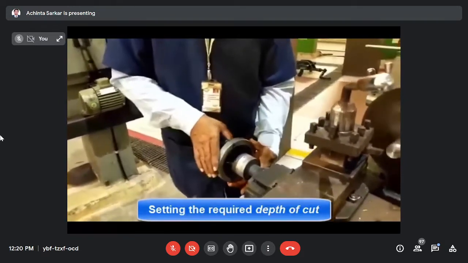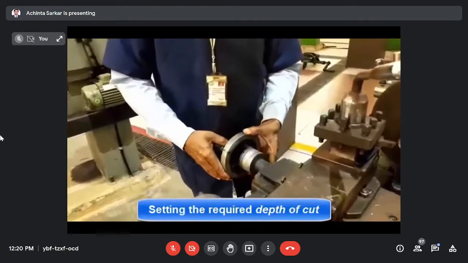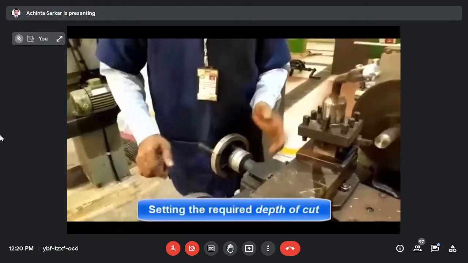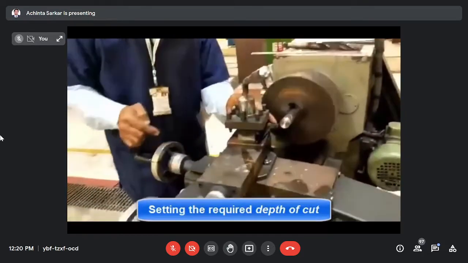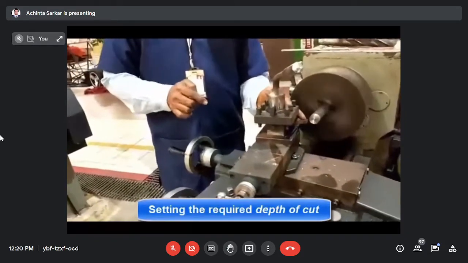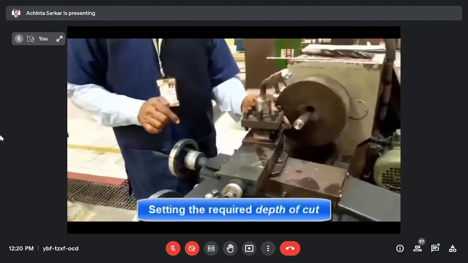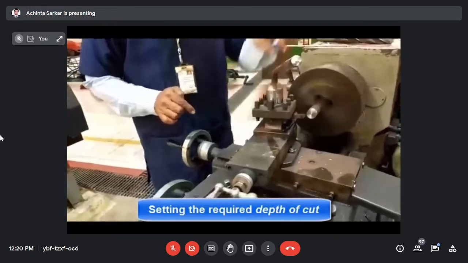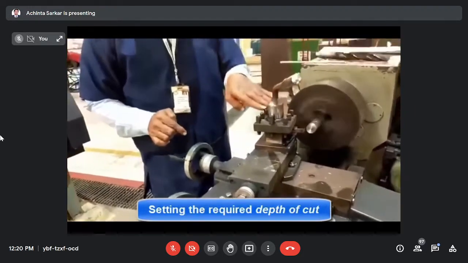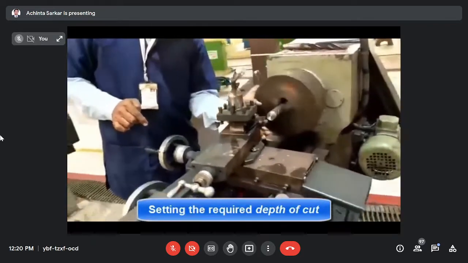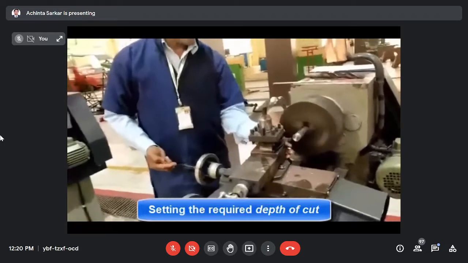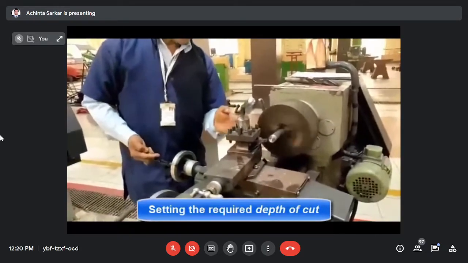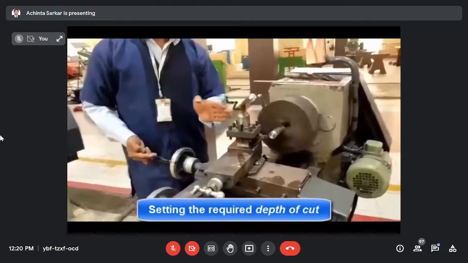Yes, 88. That means the cutting point moves toward the axis of the workpiece by 1.5 mm. That is called depth of cut, and the metal removed is 3 mm.